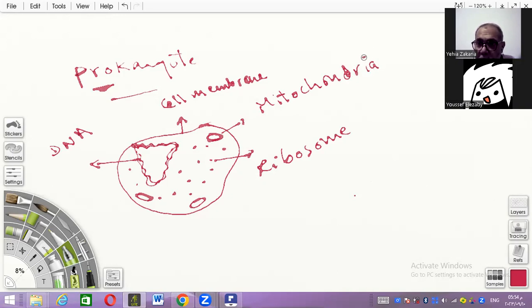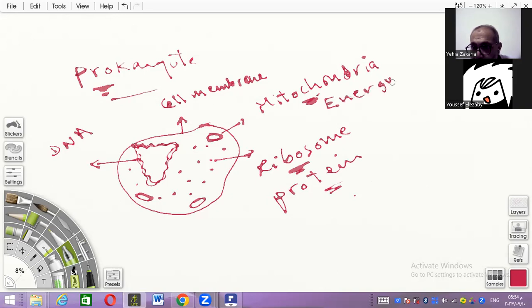Why should this prokaryotic type of cell have ribosomes? To be able to synthesize protein. Why might it contain mitochondria? To obtain energy, used for chemical or metabolic reactions inside the cell.